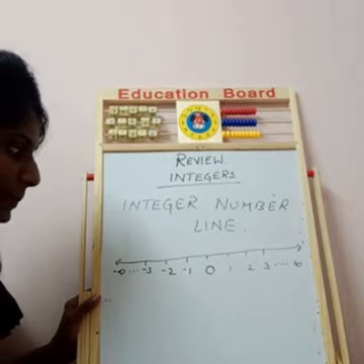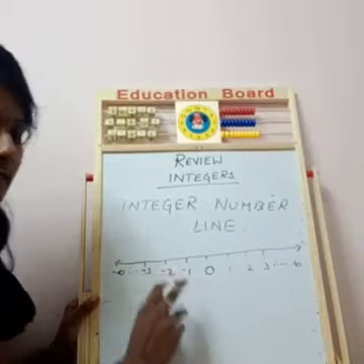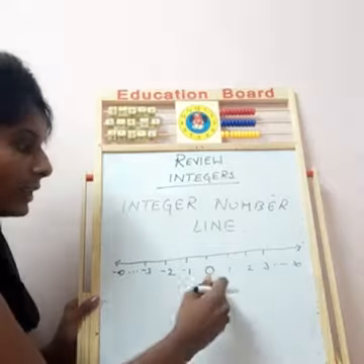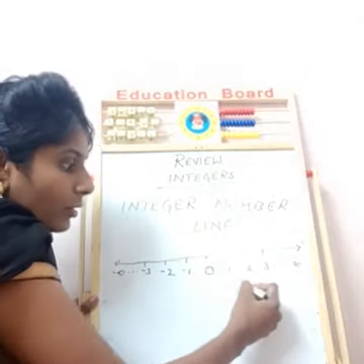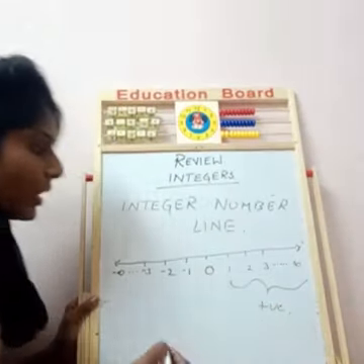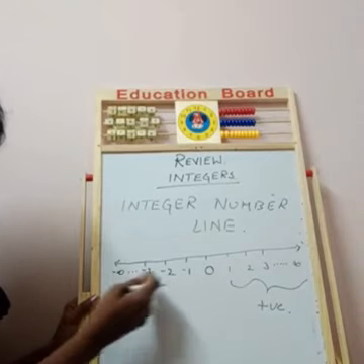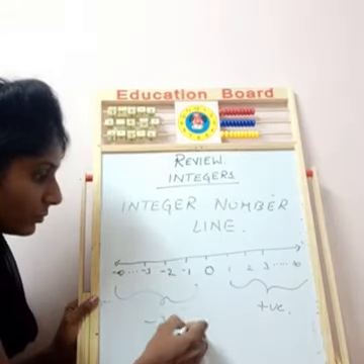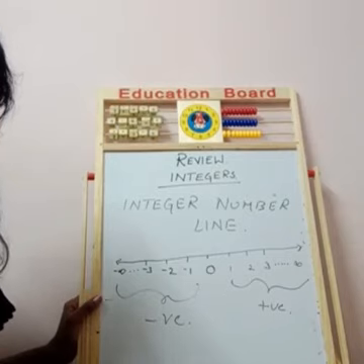Remember that the middle value of the entire integer number line is 0. This is the integer number line.